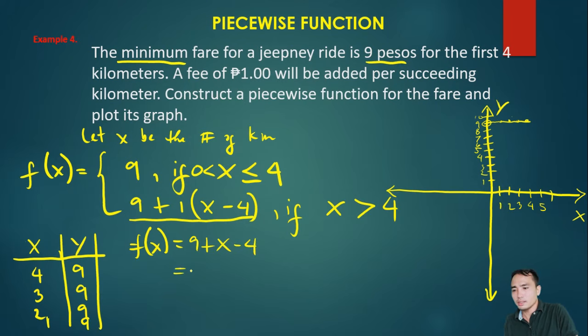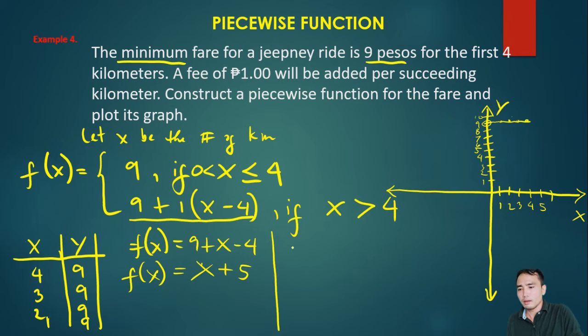Okay, equals 9, or x, 9 minus 4 is 5. So, plus 5. Okay. Substitute lang natin yung value ng x. Okay. So, ito yung x.